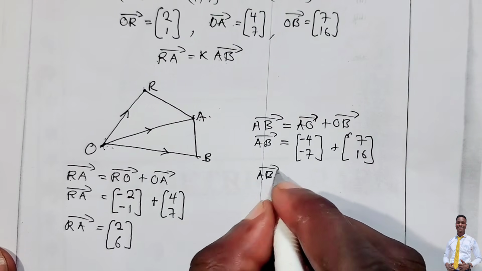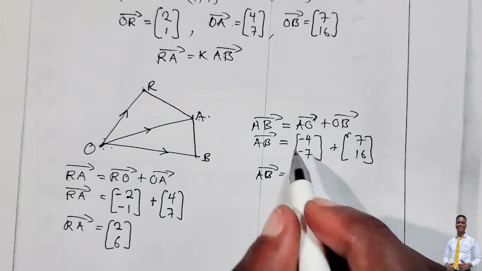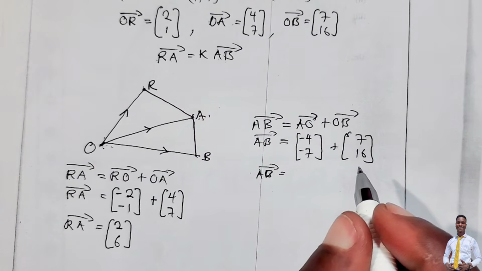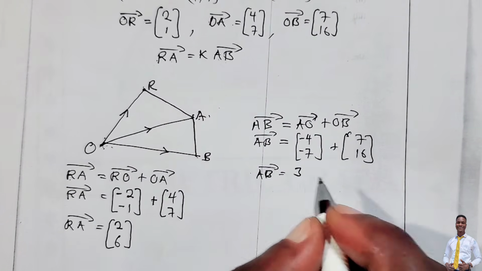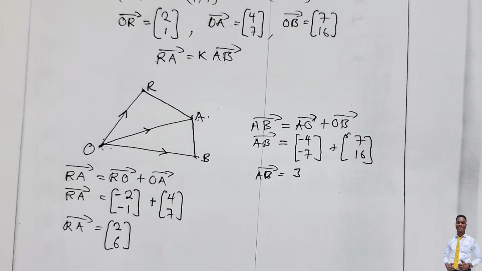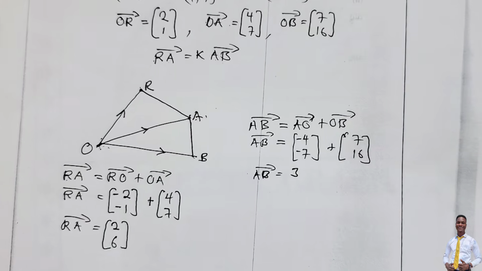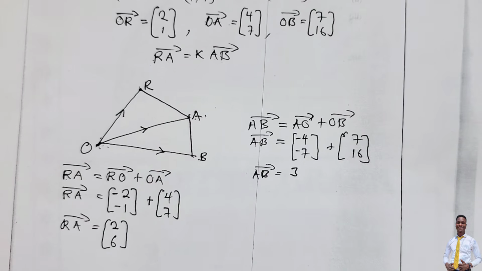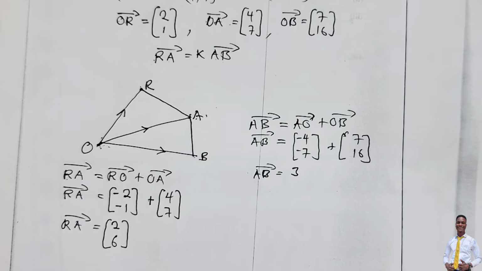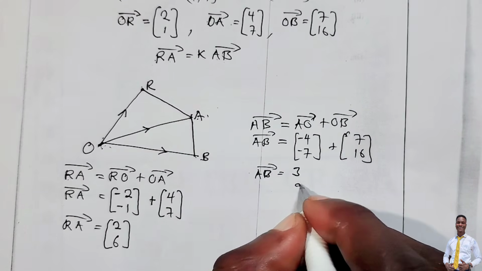AB is equal to -4 plus 7, which is 3, and -7 plus 16, the same as 16 minus 7, which is 9.